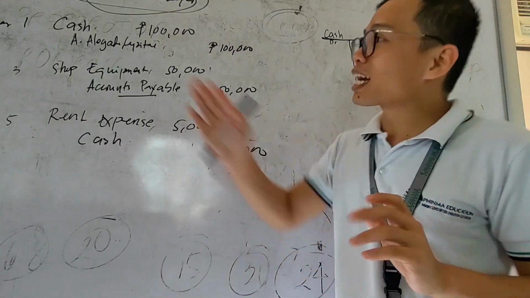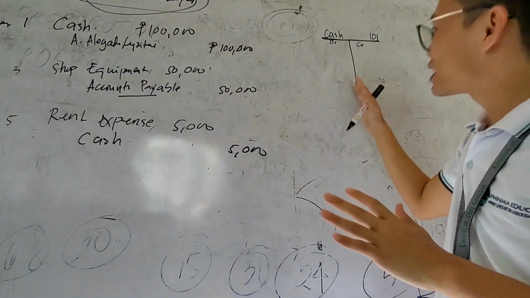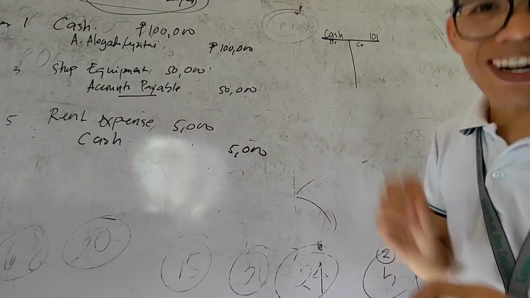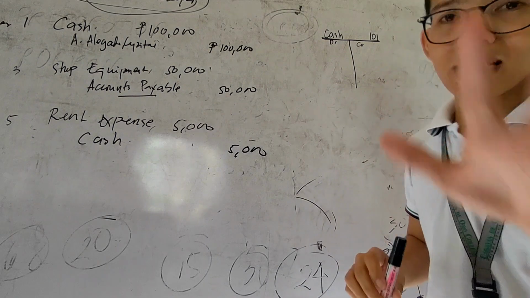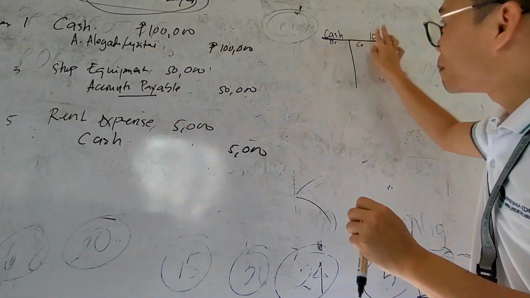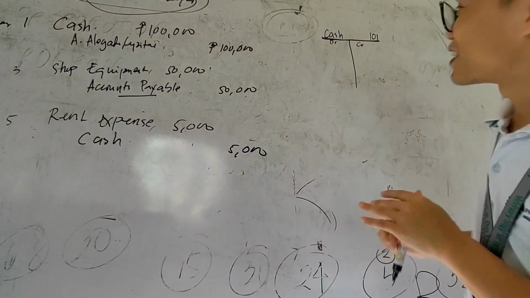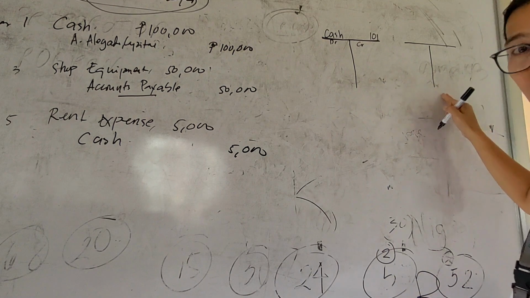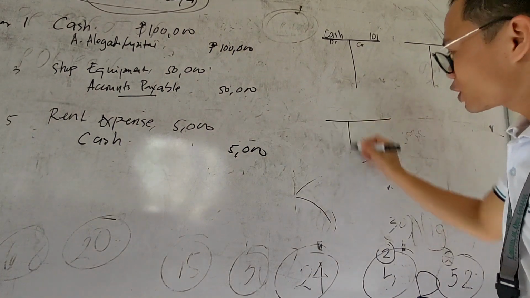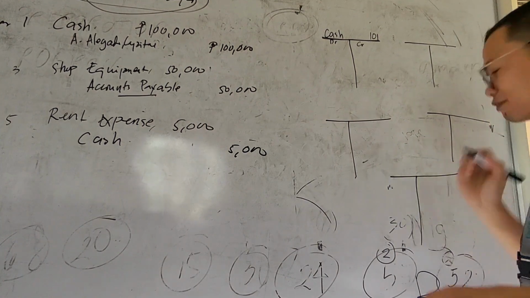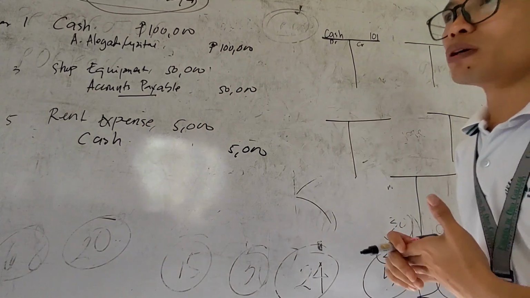For each account title we have to make 1 T account. As we counted, we have 5 account titles here, and we are going to make 5 T accounts. So we write here letter T. So we have 1, 2, 3, 4, and 5.